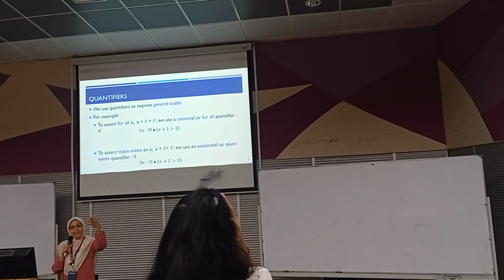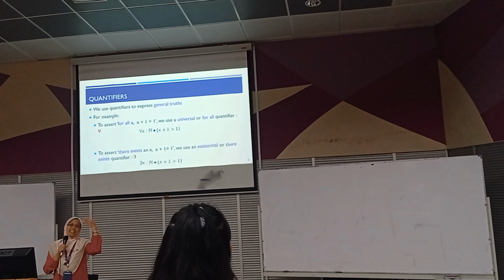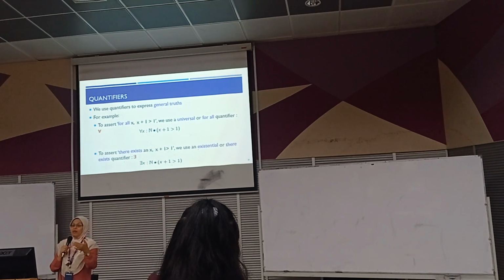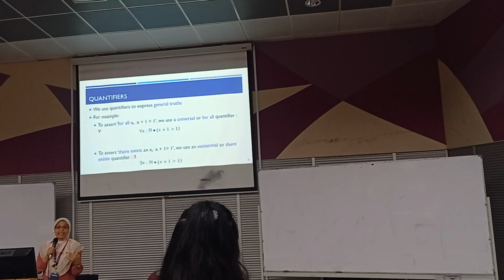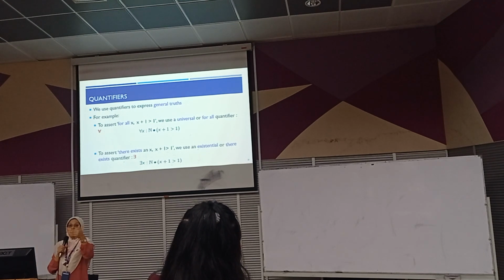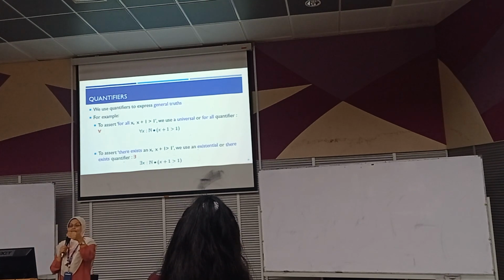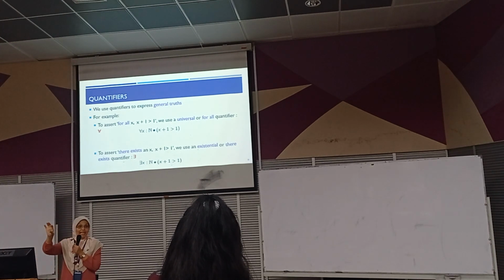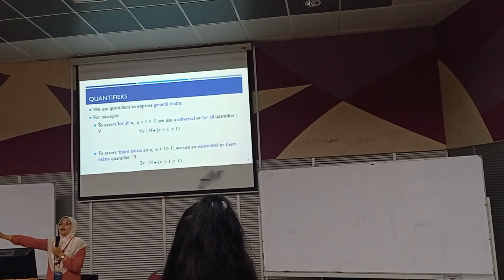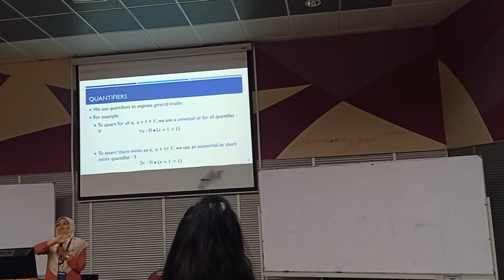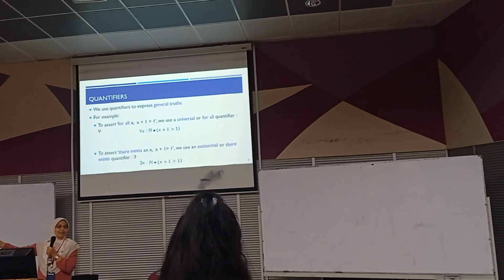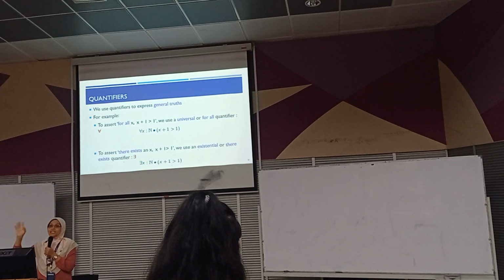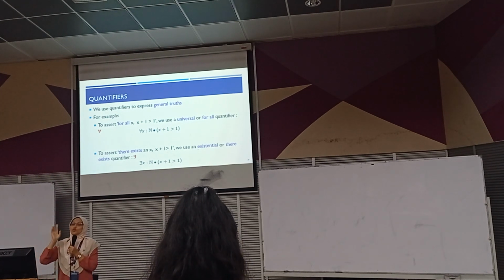I need their ID, their name, their age. IC is up to them, phone number is up to them, but I need their email. So the optional ones are up to the user. When I have that kind of scenario, I can put there exists for this data. Let's say the phone number: I need to update the database with this phone number. If it does not exist, then maybe just leave it empty. That's what it is used for.